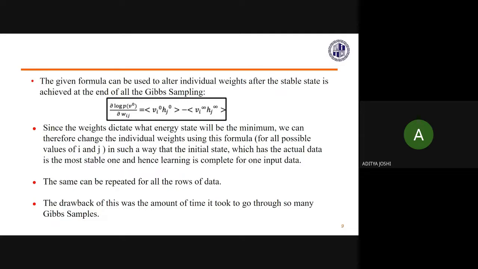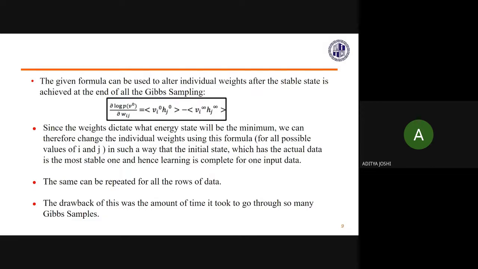And this formula basically is a gradient of the log probability of our initial state with respect to the change in a particular localized weight. The log probability in this case is just the energy, because Boltzmann machines are energy based models, and because the entire distribution, as Sukrit earlier mentioned, is just energy distribution based on the Boltzmann probability distribution.